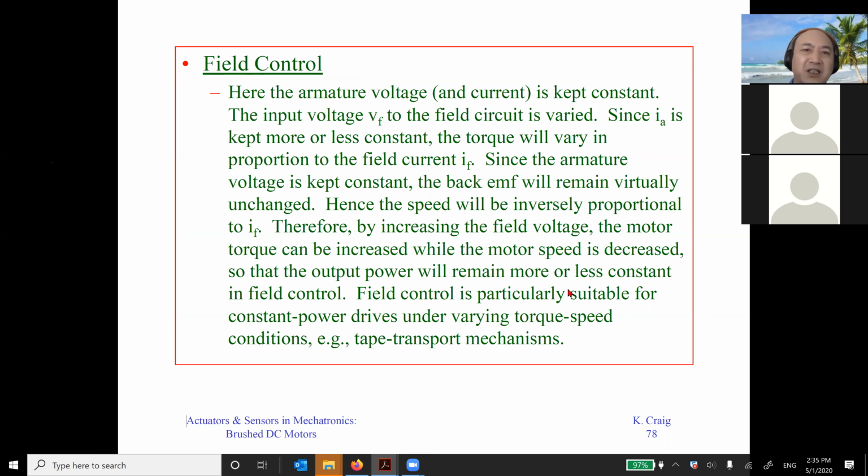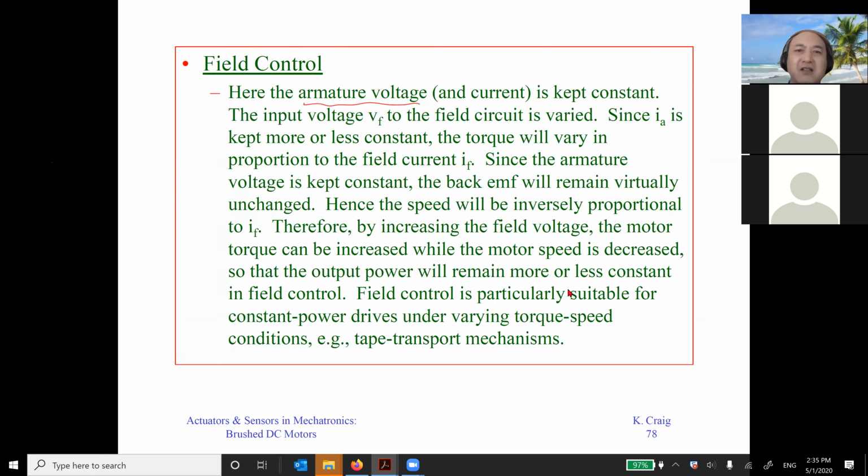Then the other one is to change the field. We keep the armature voltage constant and change the VF, the field excitation circuit that generates the magnetic field. If the IA may not be able to be kept constant, then the torque provided by the motor will change.